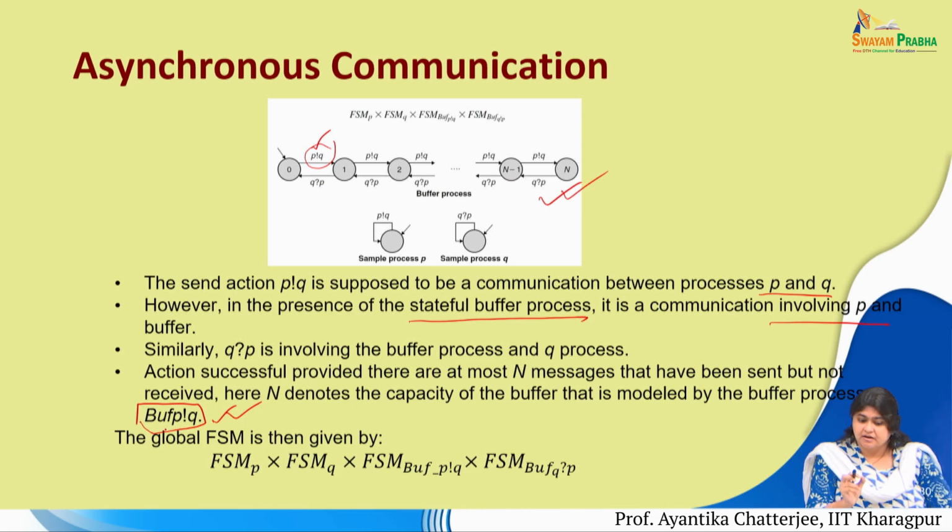Also, when we are talking about the sample process, see the states of the sample process. The sample processes P and Q have communication, but with some intermediate buffer. Similarly, there may be some acknowledgement in between, considering the presence of the buffer. So, based on the type of communication we are making, the type of action level will change.